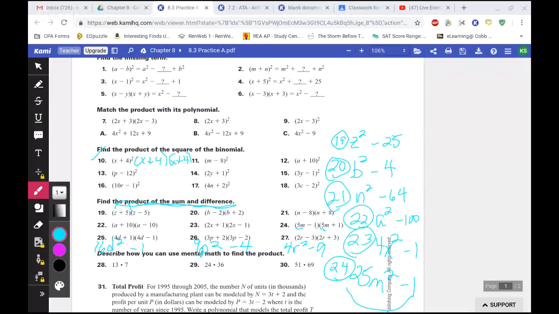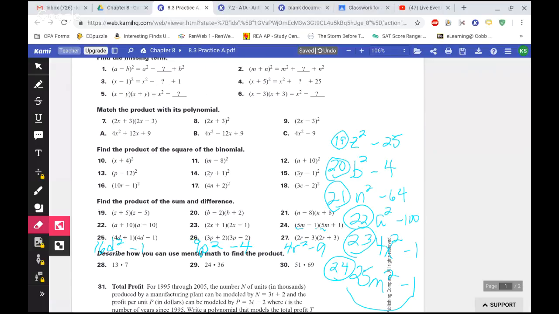Does anybody else have any other questions? On maybe 1 through 18. And remember, like I said yesterday in class, these are all special patterns or product patterns. And you can always go back to foiling like we did on Monday.